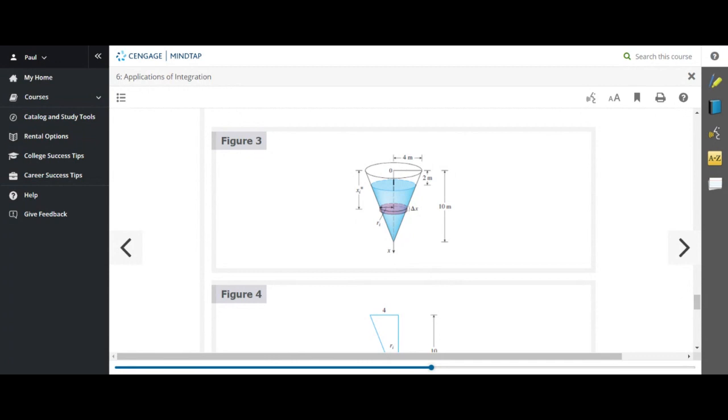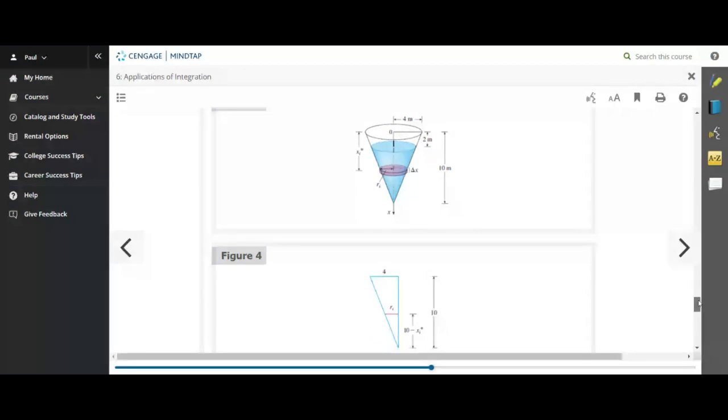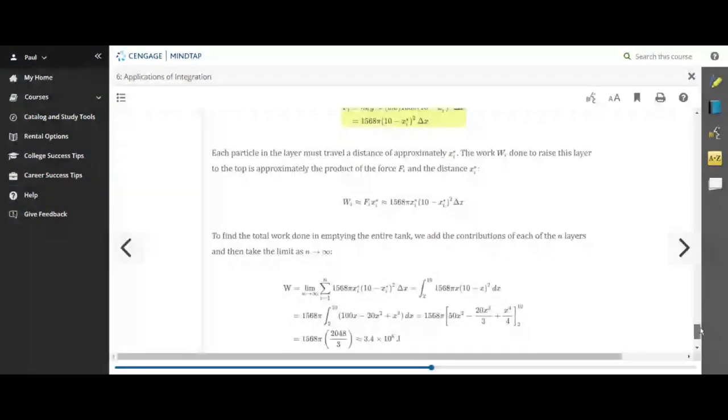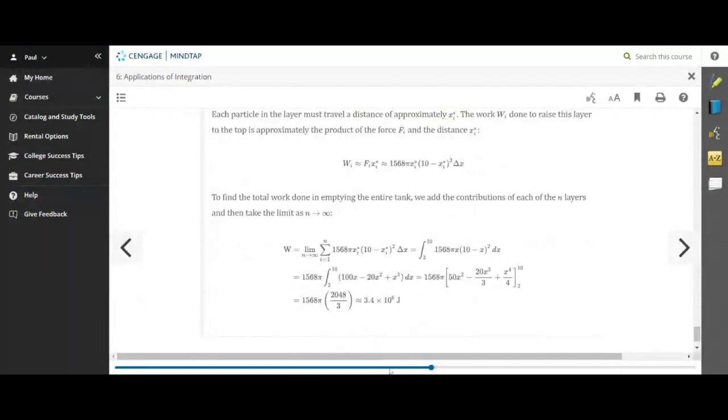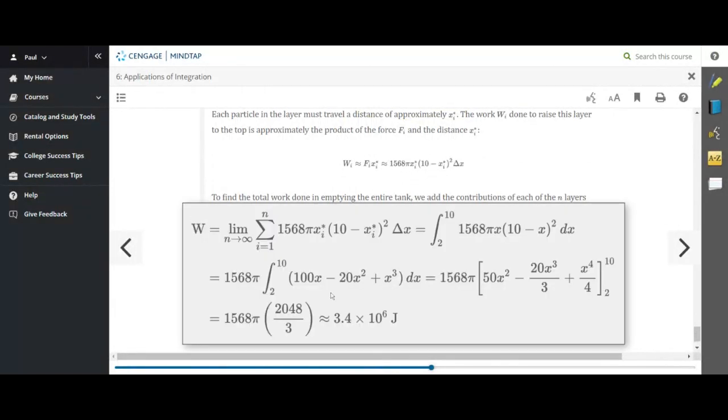So that means your limits go from 2 to 10. No, Susanna, you couldn't say from 0 to 8 because of the way that we defined x. Good question.